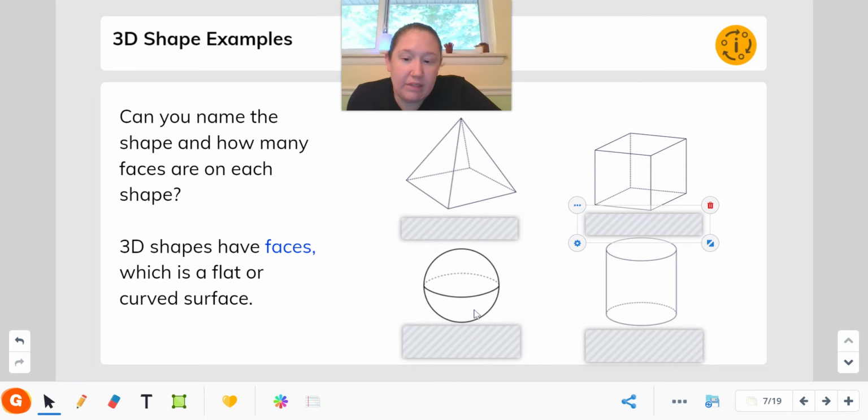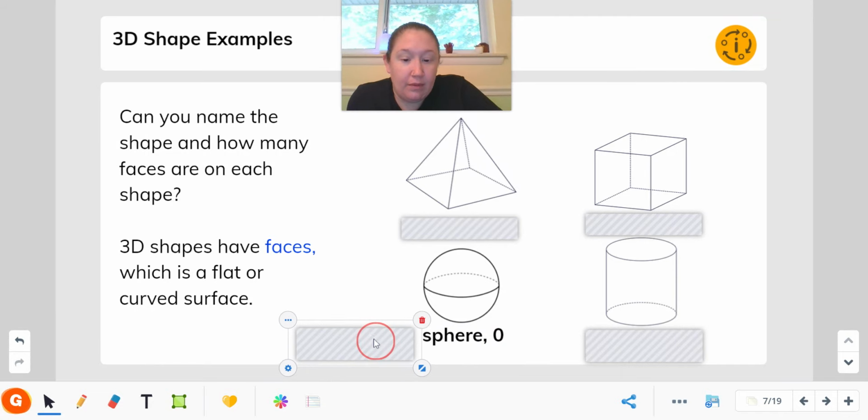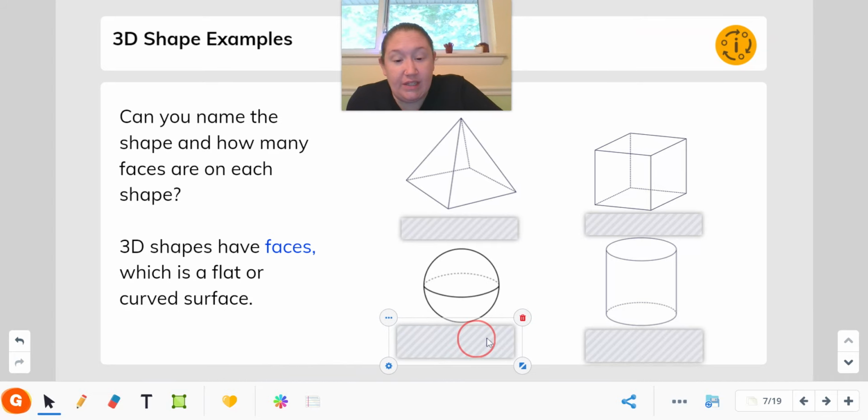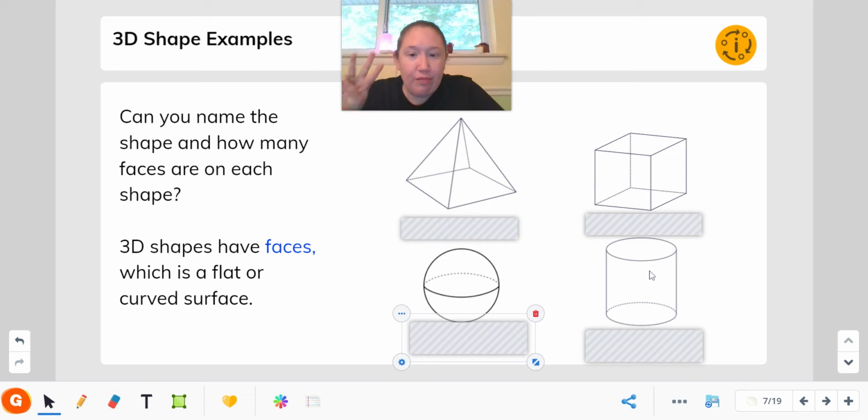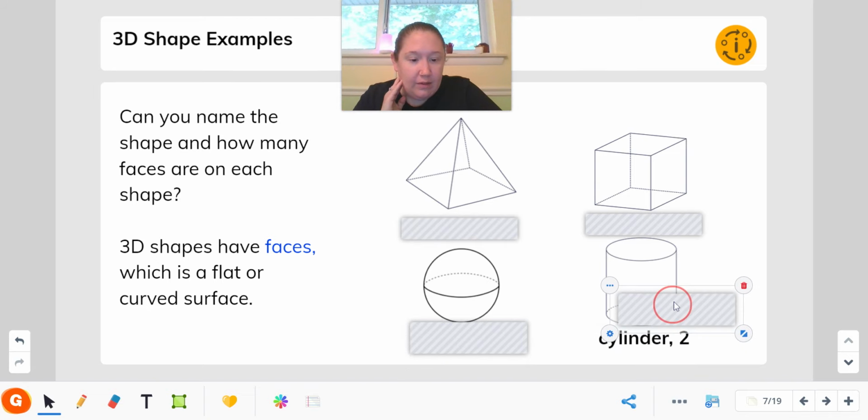So it looks like it only has 2 faces. Oh, 0. Trick question. Sphere has 0 faces. And then we have a round one all the way around here and a top and the bottom. That should be 3. A cylinder, 2. So the round part must not count.